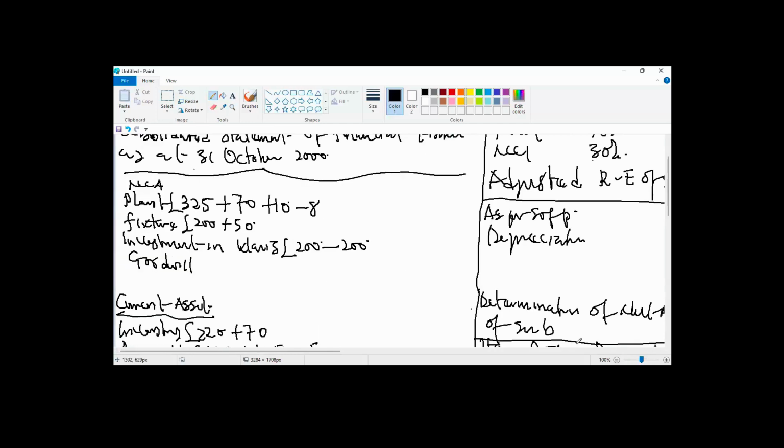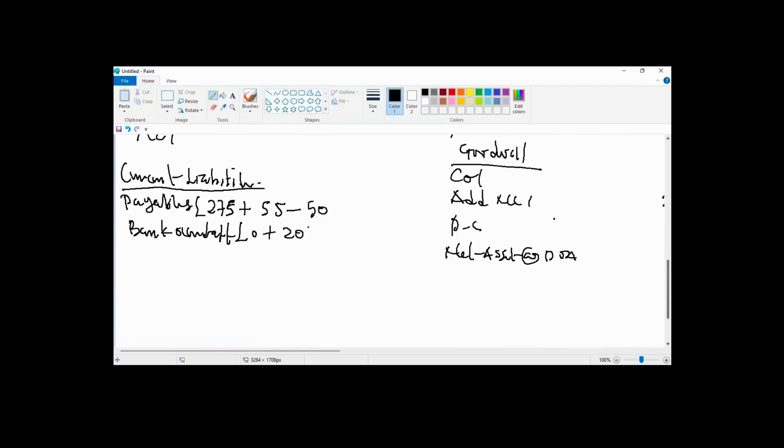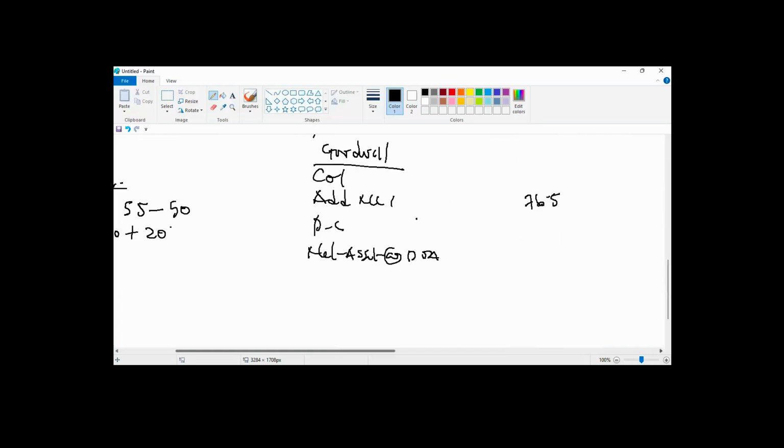100. I'll take it to the goodwill. Cost of investments, 200. Purchase consideration 276.5. There was no impairment on this.